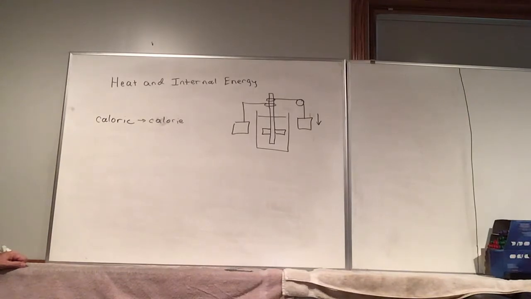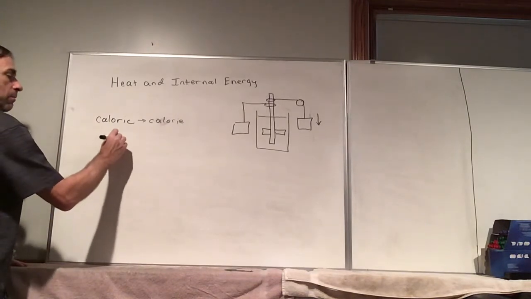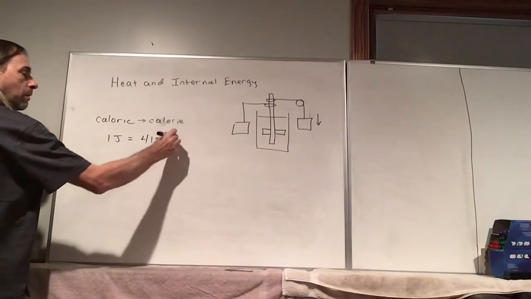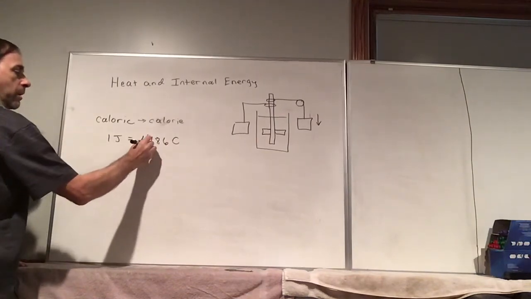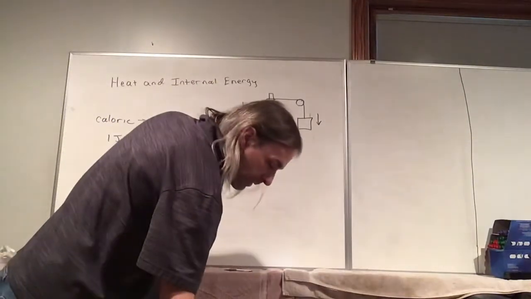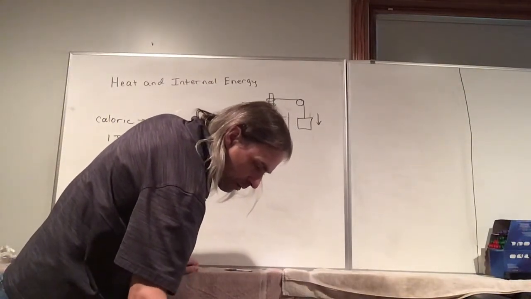Normally we measure energy in joules. Actually, it wasn't done that way in James Joule's time, but we named the unit after him. And he was able to determine the conversion factor, which I think is 4.186.